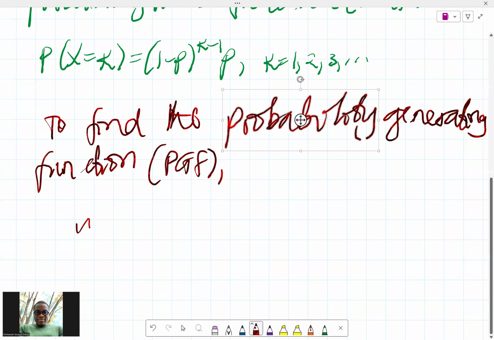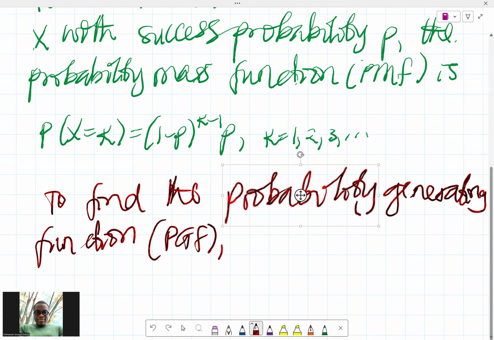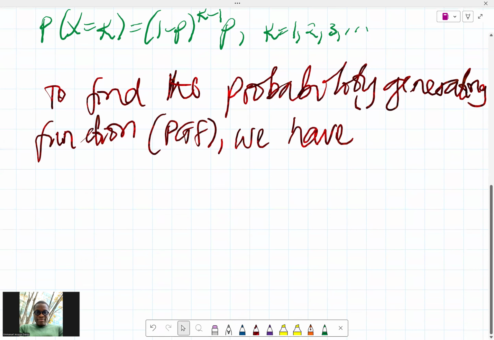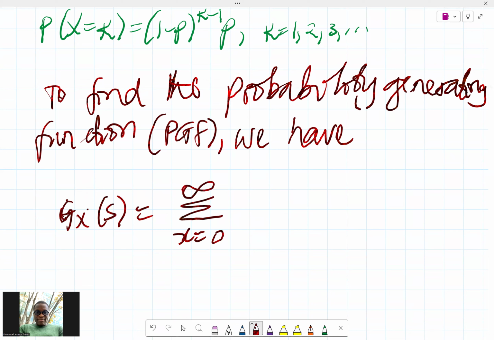So we have G_X(s) to be the summation from x equals 0 to infinity of the probability at x multiplied by s raised to power x.